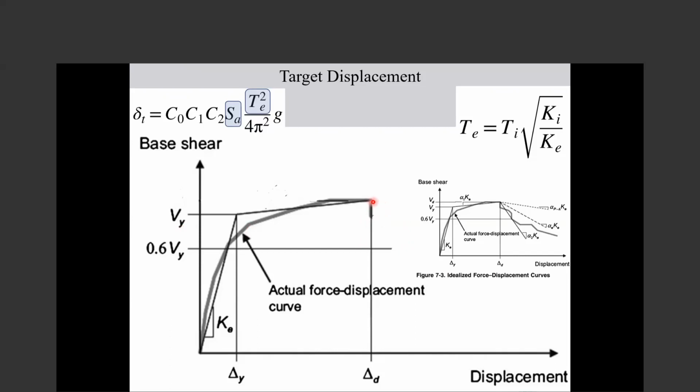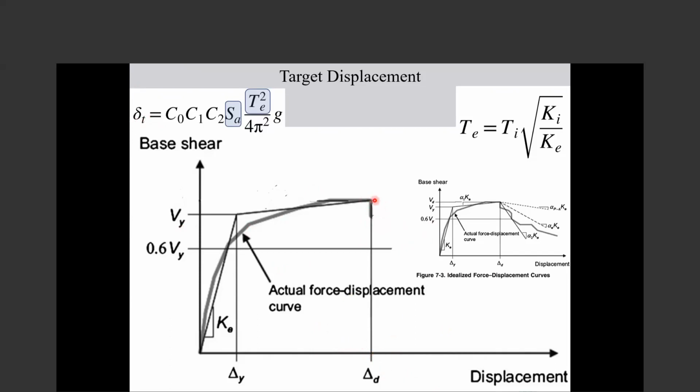Of course, the whole point is to calculate the target displacement. We don't know that it's the target displacement, but if we assume that it is, then later if there was much difference, we repeat the procedure.